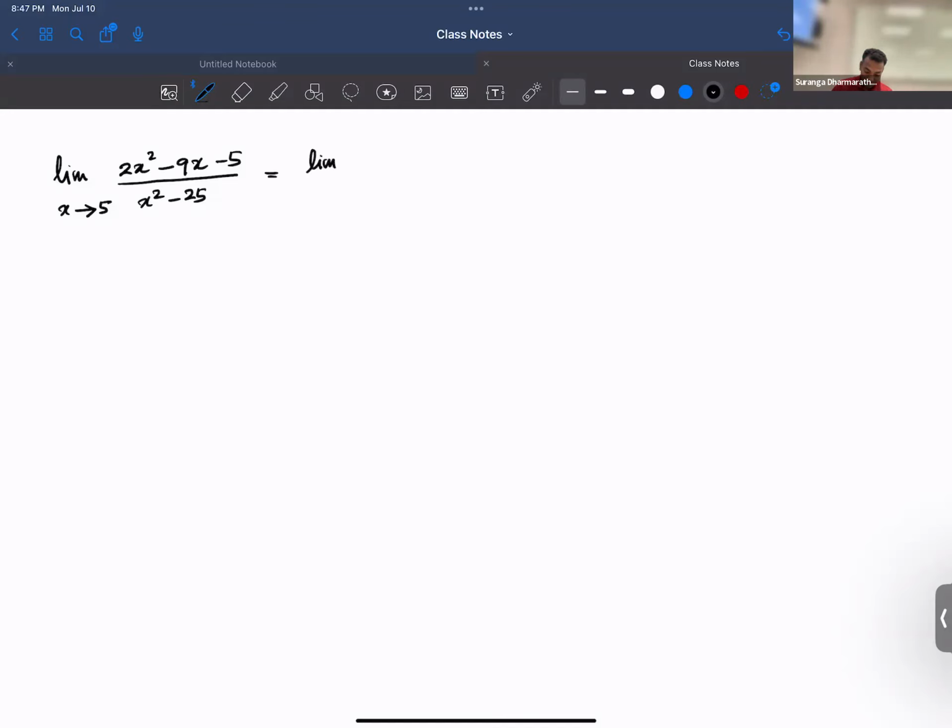Let's simplify this one. I had to factor this out. So I put 2x and x, right? And you have 5 here, so I put minus 5 here and 1 here.